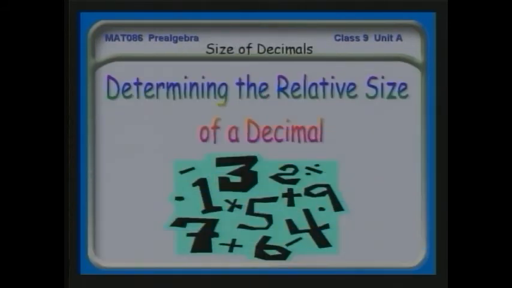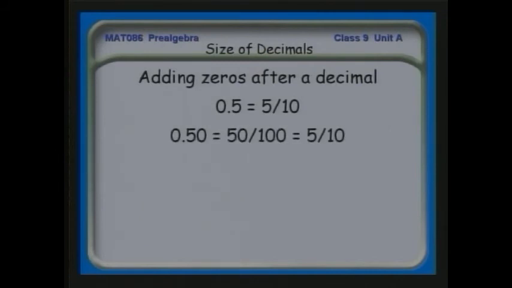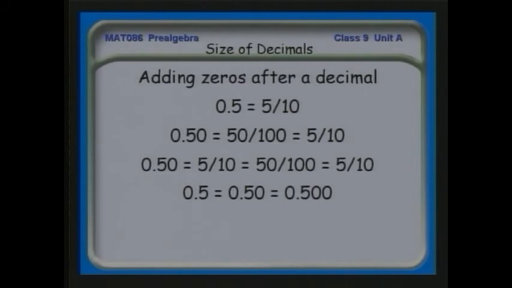We can use the number line just as we did for whole numbers to determine which numbers are bigger or smaller than others. First of all, when you have decimals, 0.5 is 5/10, 0.50 is 50/100ths, which reduces to 5/10, and so forth.